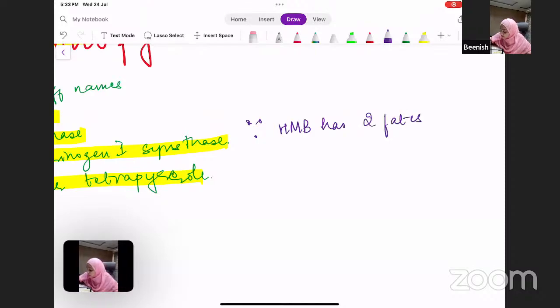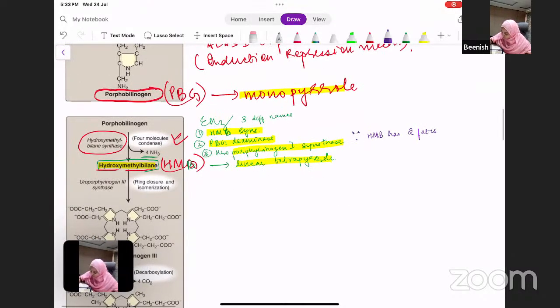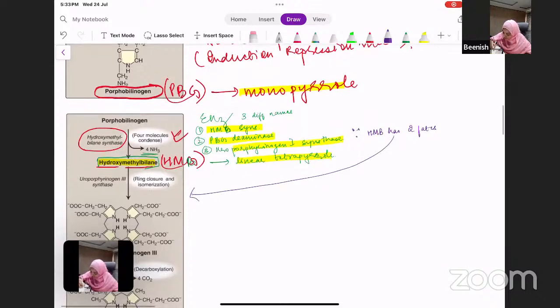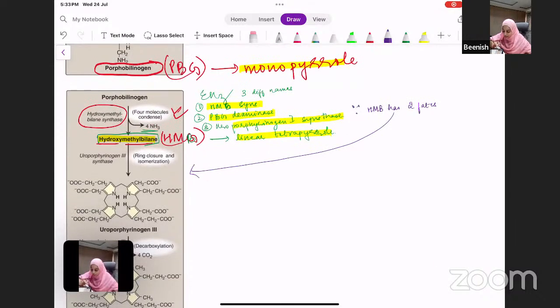One fate, which is the predominant fate, is that it is acted upon by the next enzyme, uroporphyrinogen 3 synthase. This is the predominant normal route.